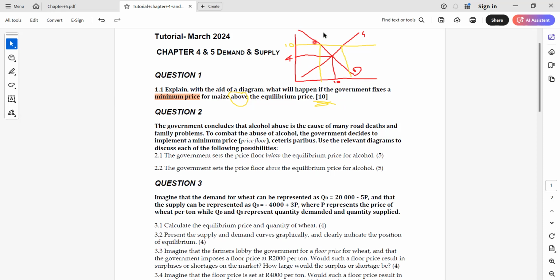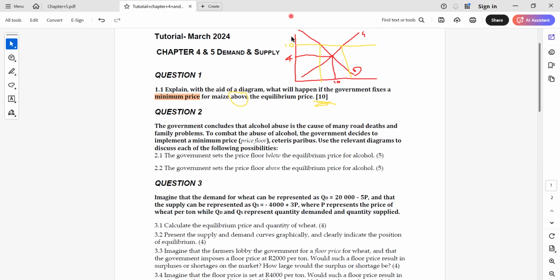So guys, what will happen in this market if the government decides to fix a minimum price? The minimum price is set above the equilibrium price, which is 4 rand. Firstly, the price is going to increase from 4 rand to 10 rand. So this means the producer or business can charge 10 rand and above for maize meal.